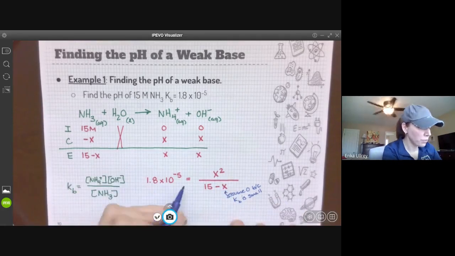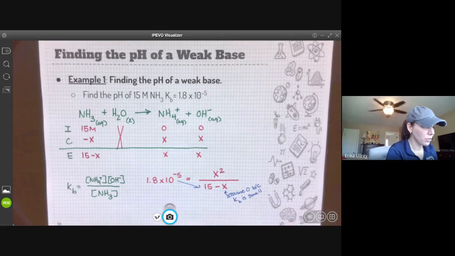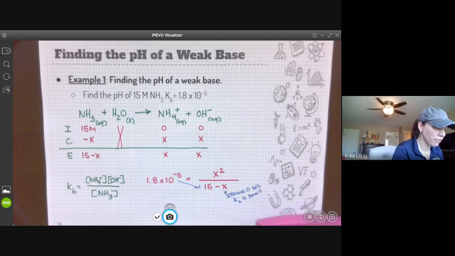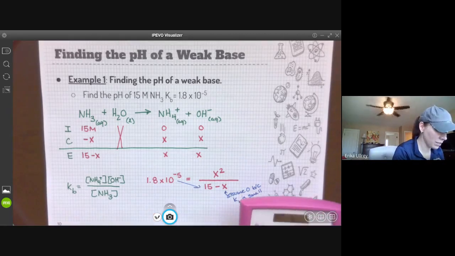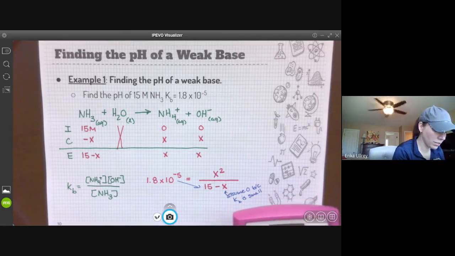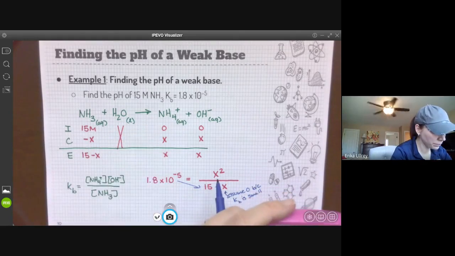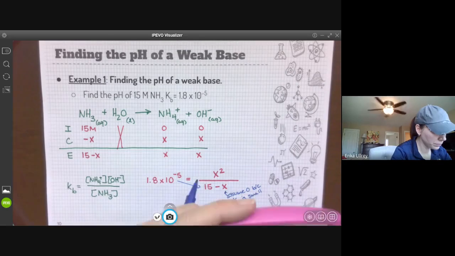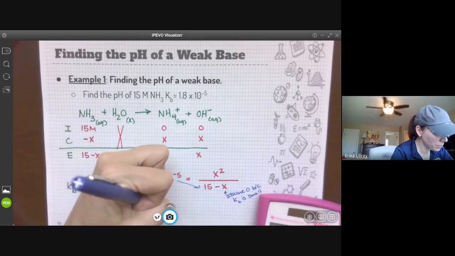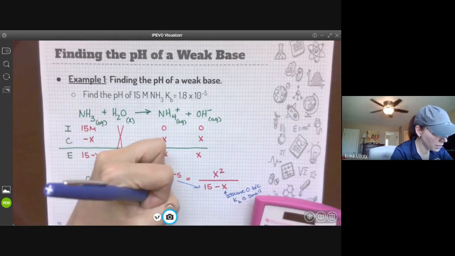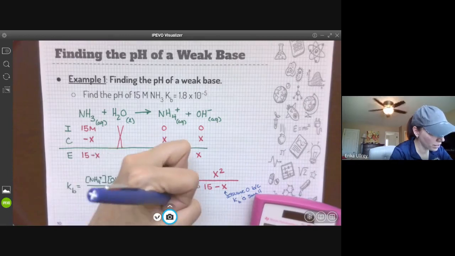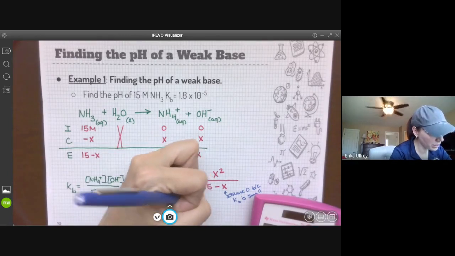Okay, so that helps us out significantly in terms of math. So what we'll do is we'll cross multiply. So it becomes 1.8 times 10 to the -5th times 15, which comes out to 2.7 times 10 to the -4th. And that equals now x squared.